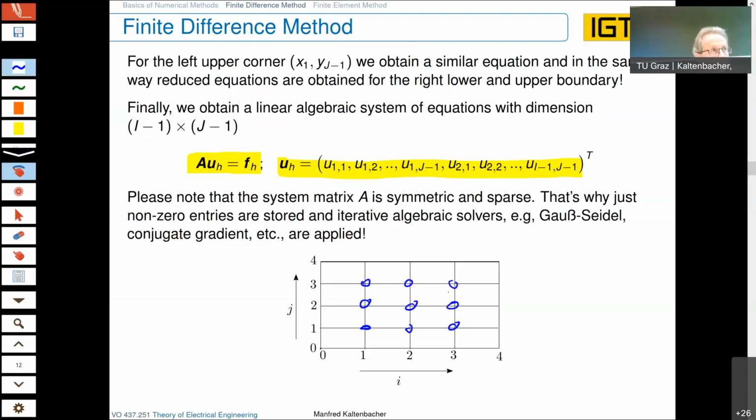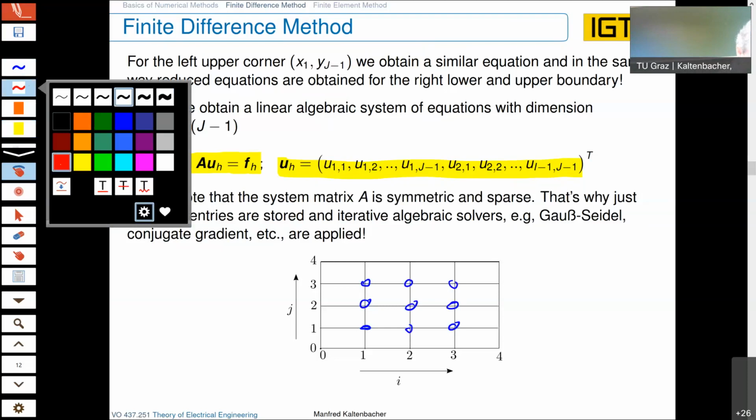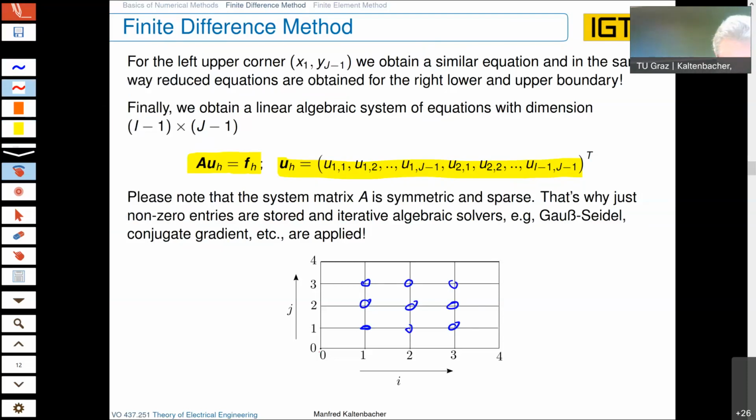At the red nodes, we know already the solution because these are our directly given boundary values along the outer surface, which in 2D is just a line.